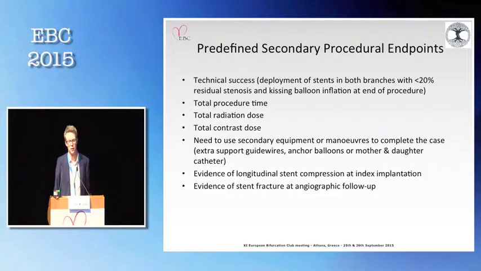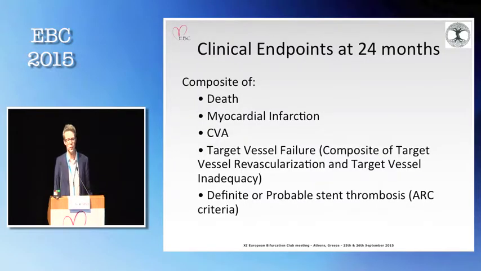We're going to specifically look for longitudinal stent compression at the index implantation, and at the angiographic follow-up, again, specifically look for stent fractures. Clinical endpoints at 24 months then, as listed, so the usual, and including definite and probable stent thrombosis because of the signal in the complex groups that this may be a disadvantage.